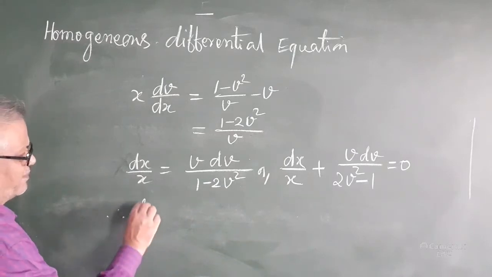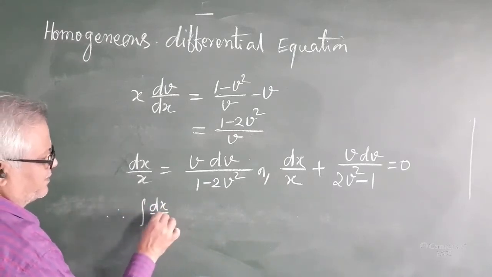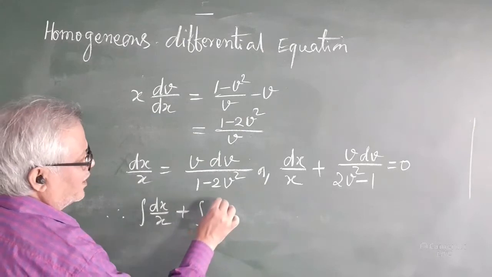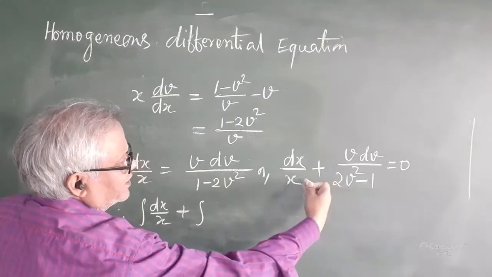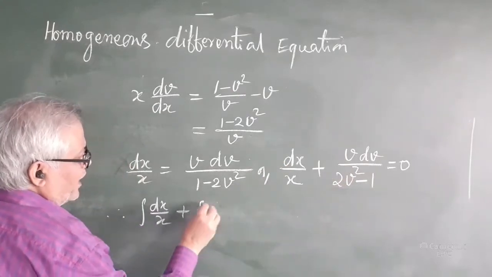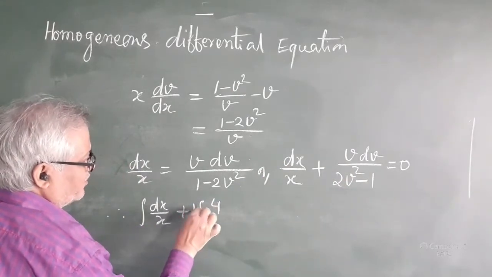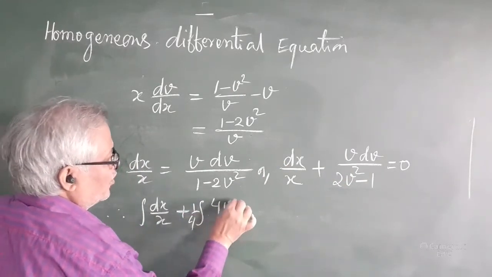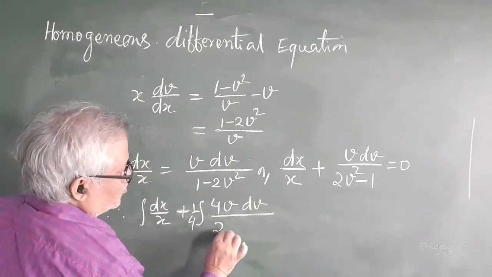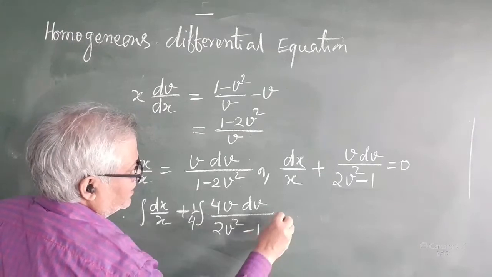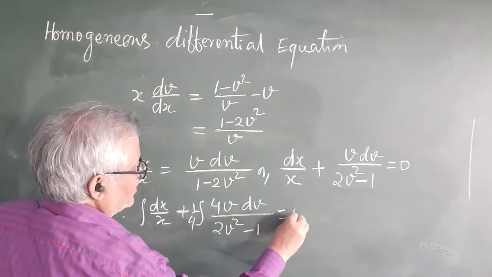Now therefore we have integral of dx divided by x plus integral of, you see here the derivative of the denominator is 4v dv, so we multiply here by 4 and we divide here by 4. 4v dv divided by 2v square minus 1 is equal to 0.